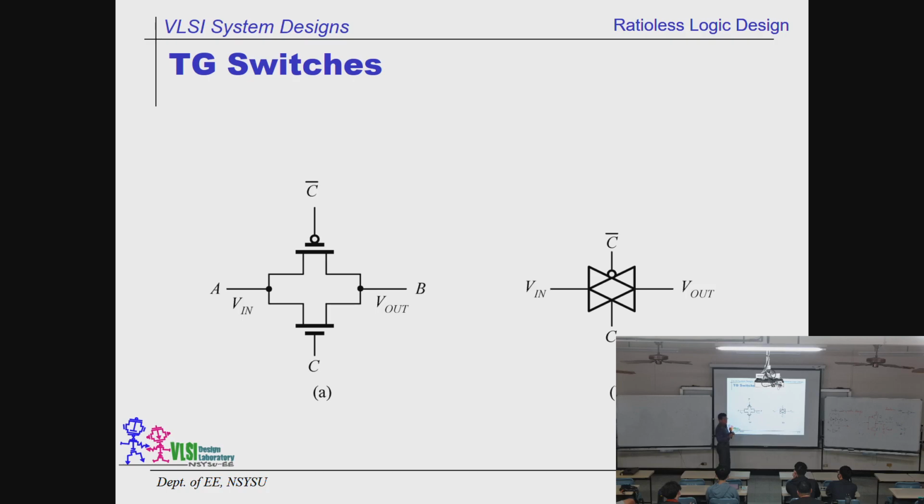So when the signal is high, the signal will take this path because it is a low resistance to this device.